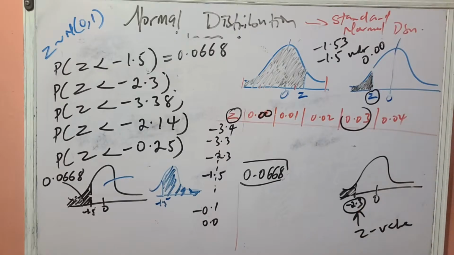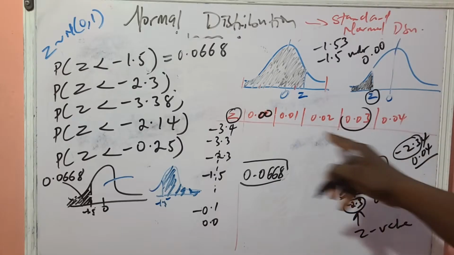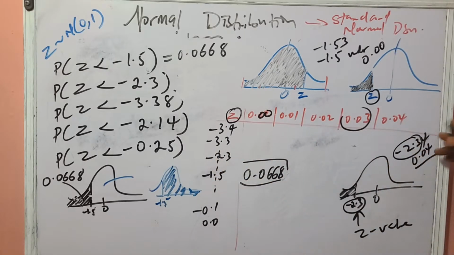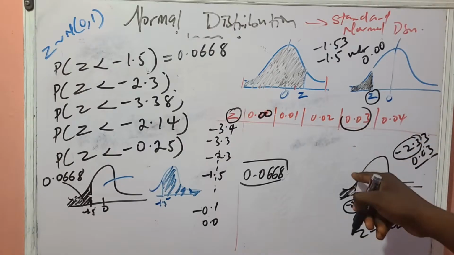Now, if this was minus 2.34, you would have gone to look for minus 2.3 under 0.04. If it was minus 2.33, you'd be looking for minus 2.3 under 0.03.